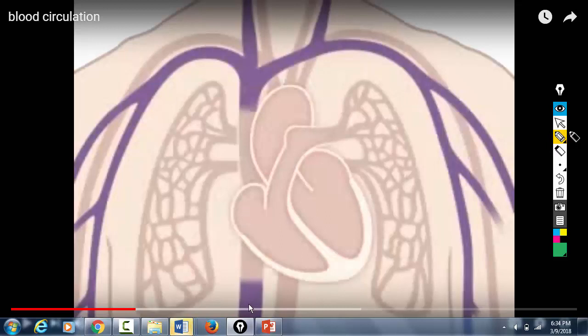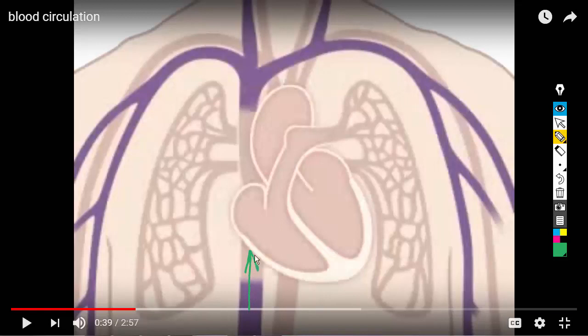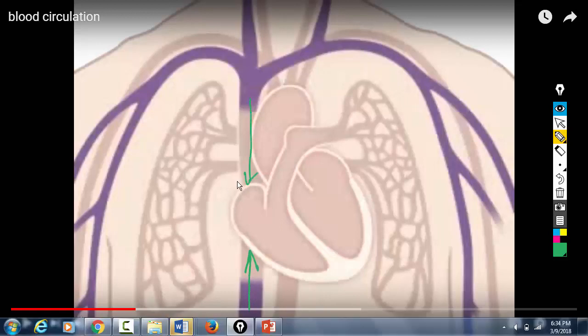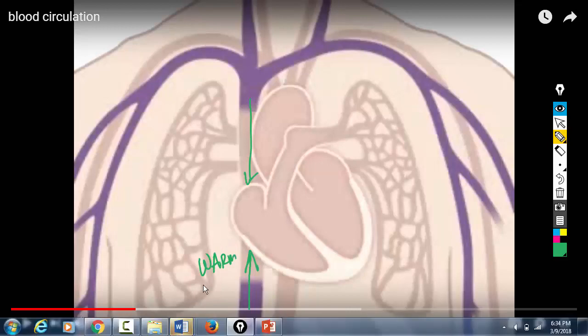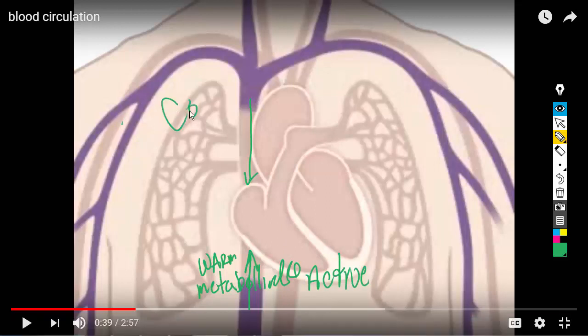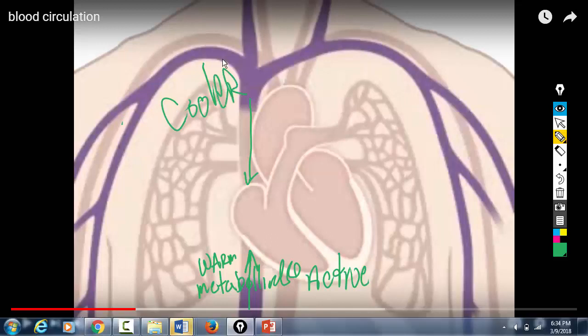Okay, watch. Where does all the venous blood go? I'm drawing arrows. The right atrium. Ready? Now watch. That much warmer blood from the metabolically active parts of the body is going to mix with the relatively cooler blood from the metabolically inactive parts.